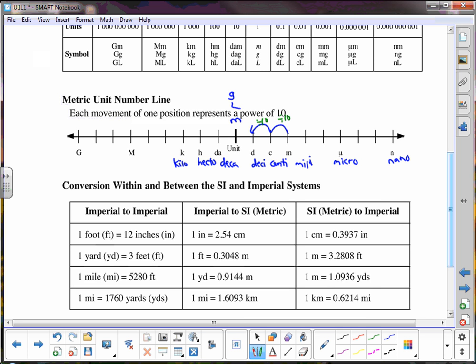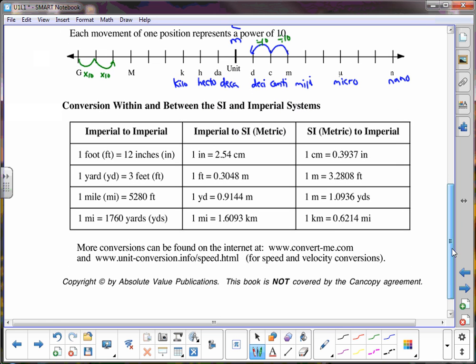And if we're going the other direction, from big to small, we're multiplying by 10 each time, so the number will get bigger. Review from last year, here's some of the SI to imperial conversion charts, and we can use those charts to answer our questions. Let's go to the next page and look at some examples.